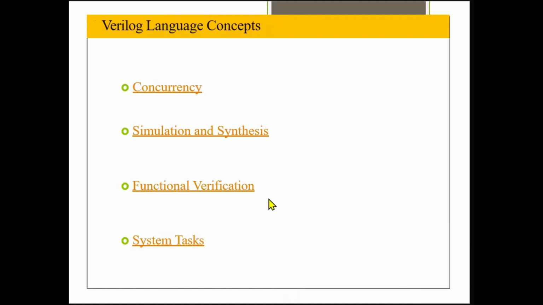Functional verification. We have two verifications in digital logic: functional verification and timing verification. Functionality means whether the truth table is satisfied or not. For example, if you take an AND gate, we can verify it by applying the inputs, and according to the truth table, only when both inputs are 1 will the output be 1.